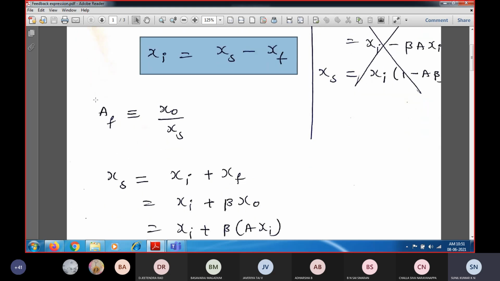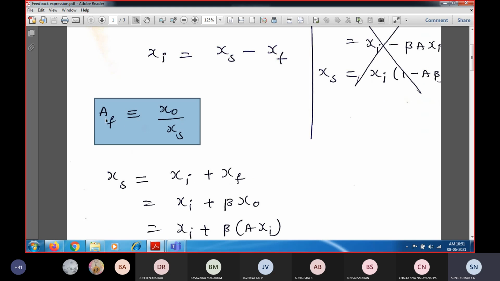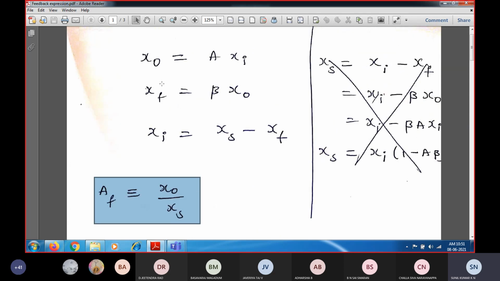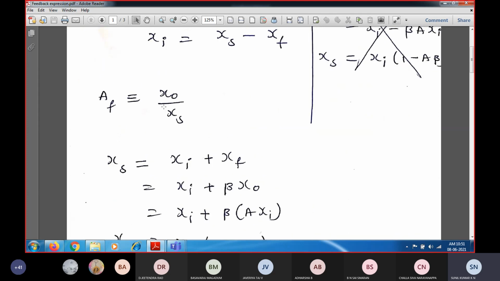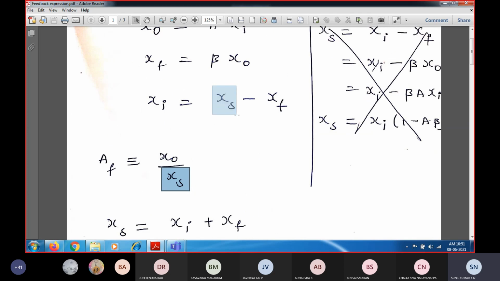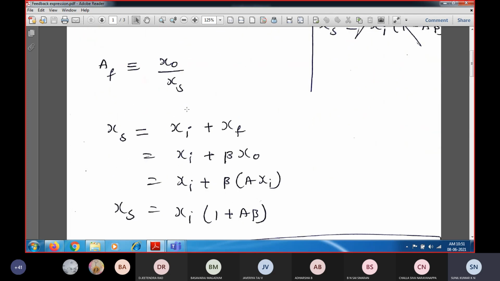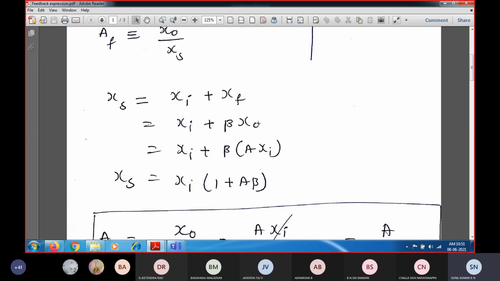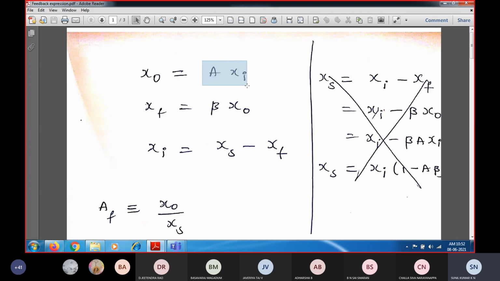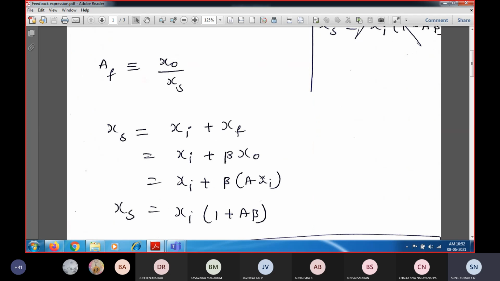Now if I want to find the feedback gain, AF will be given as x naught divided by xs. From this expression, x naught is A times xi, whereas xs equals xi plus xf, taking it to the left hand side. xf is equal to beta times x naught, so I substitute xf equal to beta times x naught, and x naught can be written as A times xi.